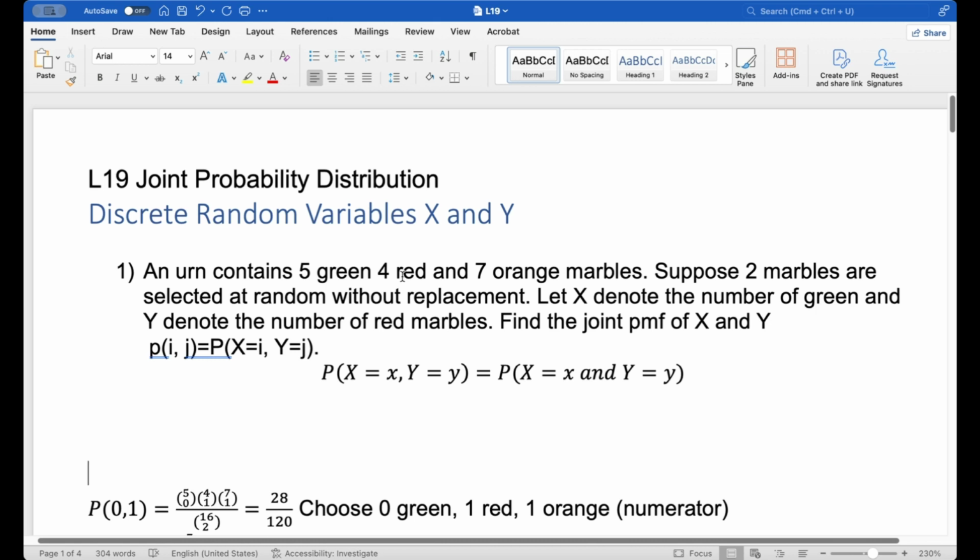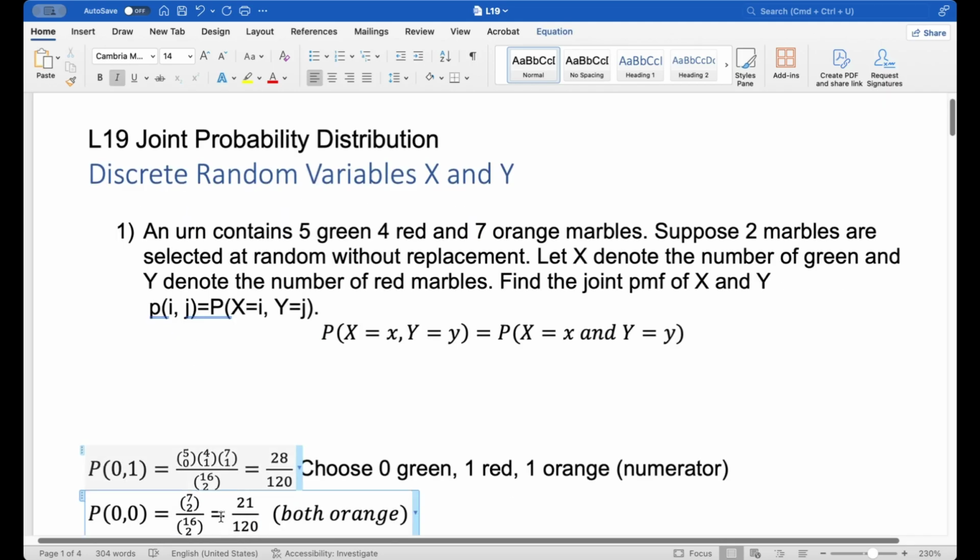So the denominator is 16 choose 2. 5 choose 0 is 1. 4 choose 1 is 4. 7 choose 1 is 7. So 4 times 7 is 28. Downstairs, we have 16 choose 2, which is 120. So it's 28 out of 120 probability of getting no green, 1 red.